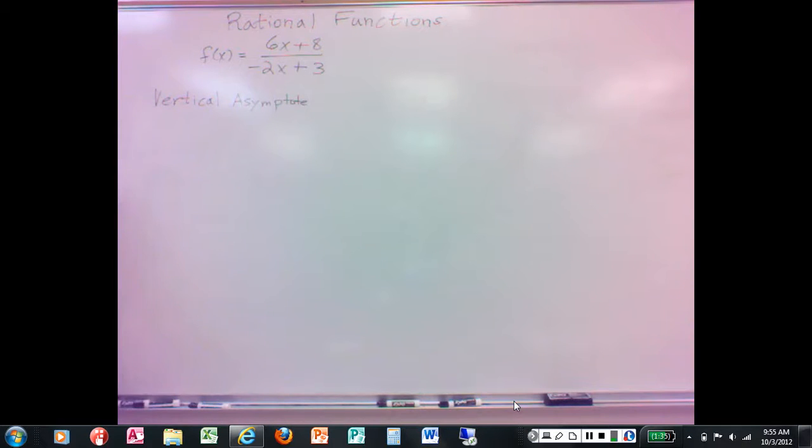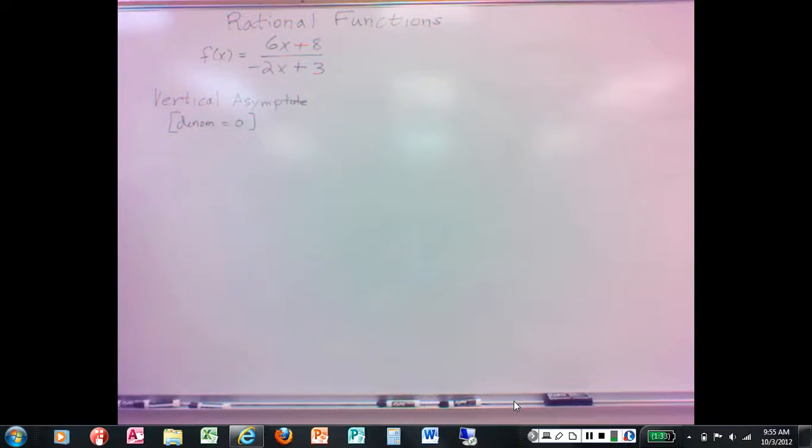All right, so the good thing about a vertical asymptote is it's basically the same every time. How do we know we have a vertical asymptote for a rational function like this? Well, it's where the denominator equals 0. We cannot divide a fraction by 0.